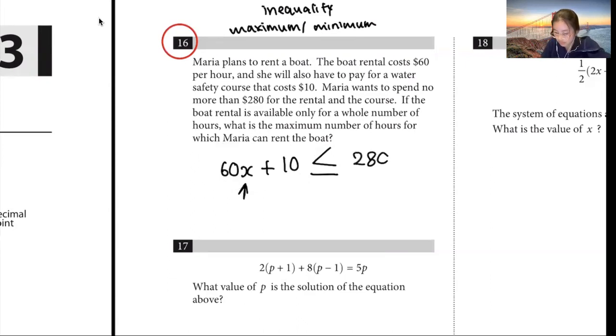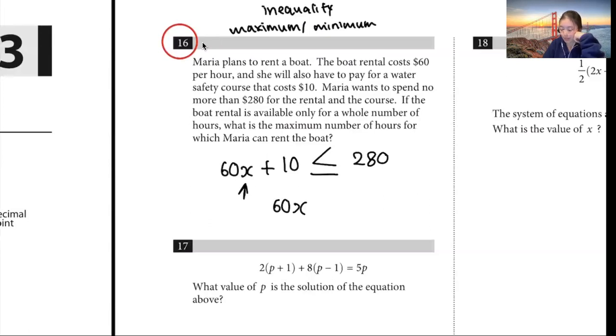And you write 280. If you want to find x, inequalities typically work the same as regular equations, so think of it as an equal. But whenever you divide or multiply by a negative, that's when the sign flips. That's the only thing you need to keep in mind.